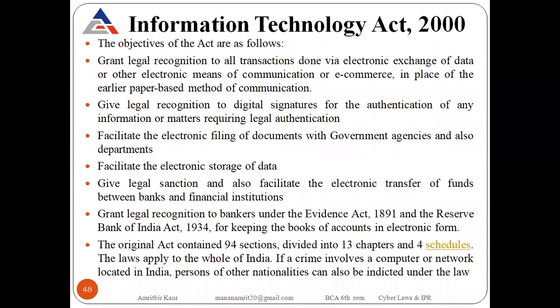The next objective of this act is to give legal sanction and facilitate the electronic transfer of funds between banks and financial institutions. In our previous lecture, we learned about the Reserve Bank of India Act, in which IT Act facilitates that funds can be transferred online.